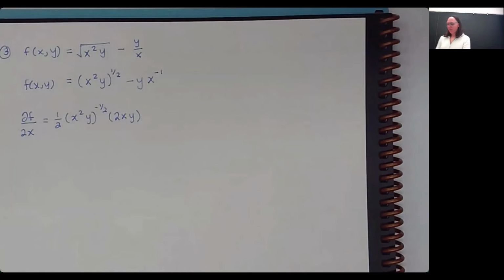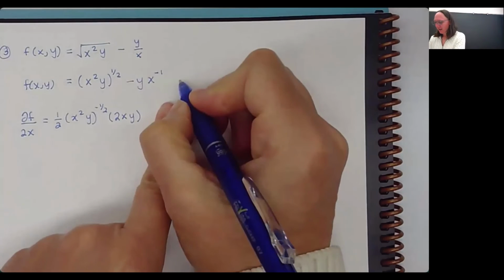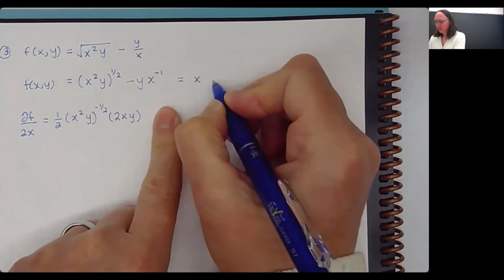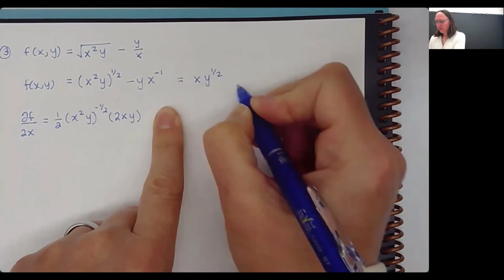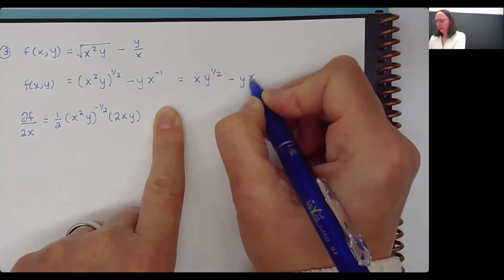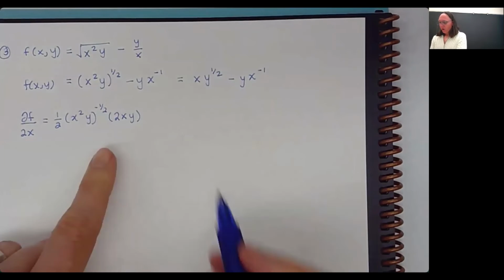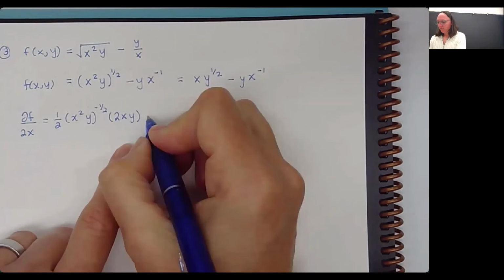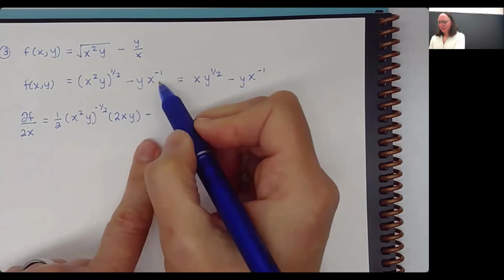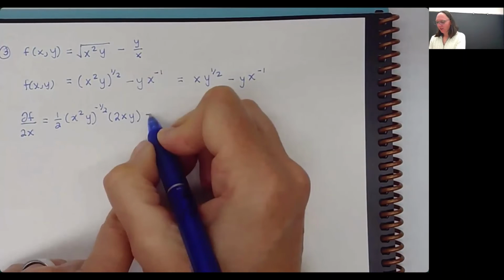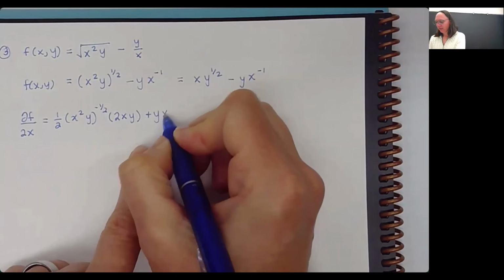So you could have rewritten this as x y to the 1/2 minus y x to the negative 1. And, oh, I guess I should finish this back part. So if I take the derivative of y x to the negative 1, my negative 1 will come down and I'll have y x to the negative 2.